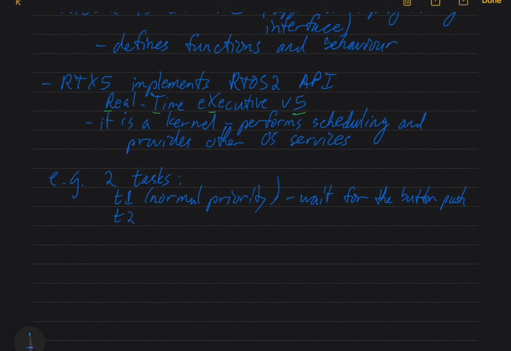Then we've got T2, which is low priority, and it is going to flash an LED on and off at about 1 Hertz.